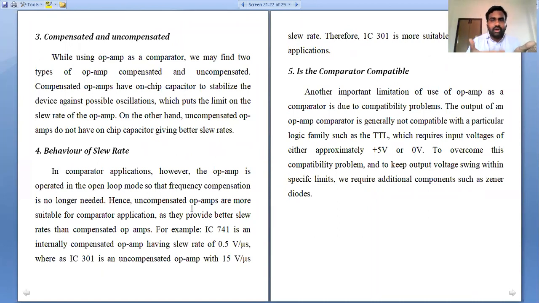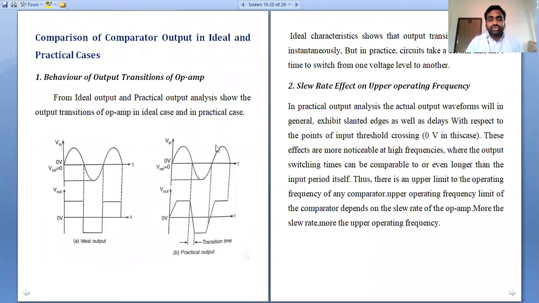Mostly there are two types of comparators: compensated and uncompensated. Because of uncompensated comparators, this type of transition drift happens when we operate the comparator at high frequency conditions.